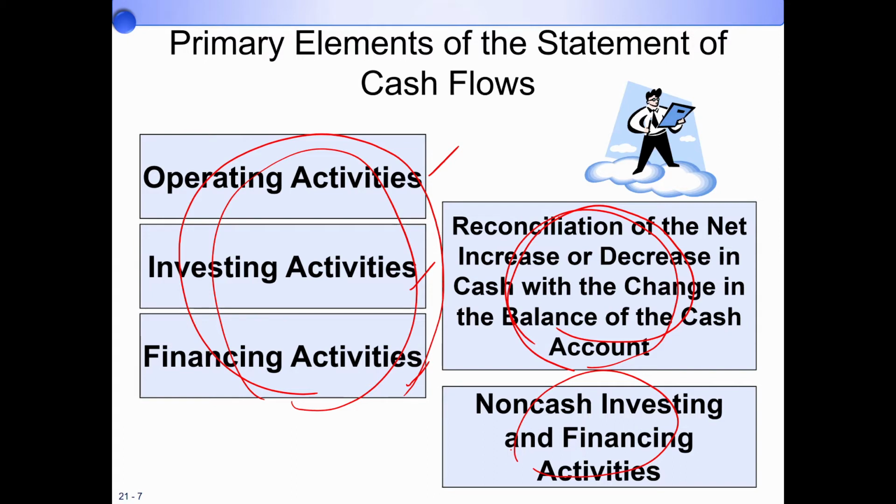You don't see cash. There's no impact on cash. That's called non-cash activities. We don't see non-cash activities in the cash flow statement, but if these are very significant numbers, you will write a note to the cash flow statement to explain these non-cash activities. So those are the primary elements of the cash flow statement.